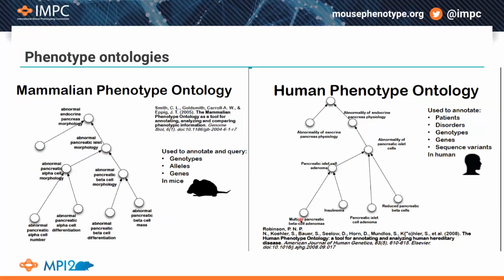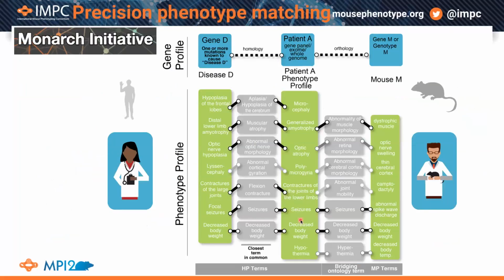My colleague, a fellow IMPC PI, Damian Smedley at Queen Mary University, as I mentioned once, he's part of the Monarch Initiative with Peter Robinson, Melissa Haendel at Oregon State University, and others. And they've been generating and refining and using graph mappings across the different phenotype ontologies to help prioritize variants by the phenotypes that are visible.